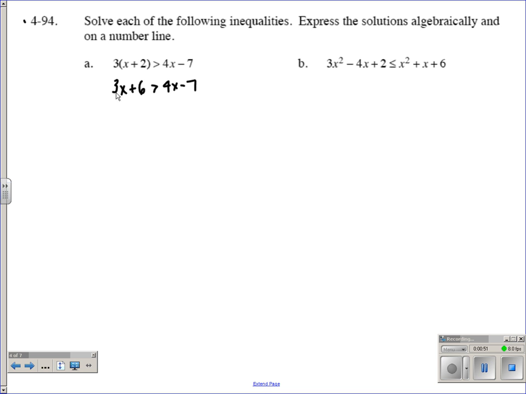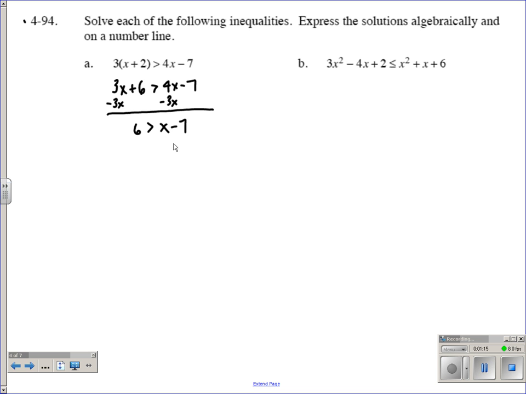So I need to get all my variables over the same side, or keep it balanced here. So if I have 3x's over here and 4x's over here, I'm going to take away 3x's from each side to keep my coefficient of my variable positive. So I have 6 is greater than x minus 7. Well, what number minus 7 gives you 6?